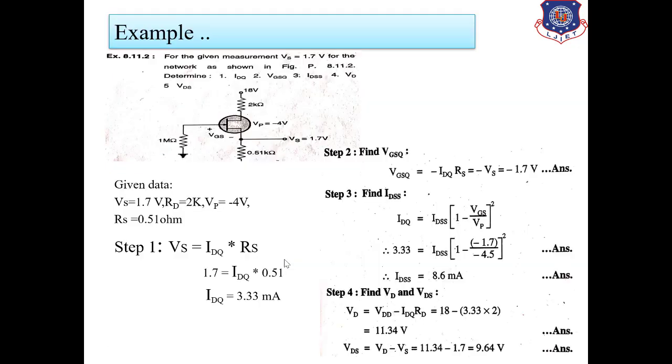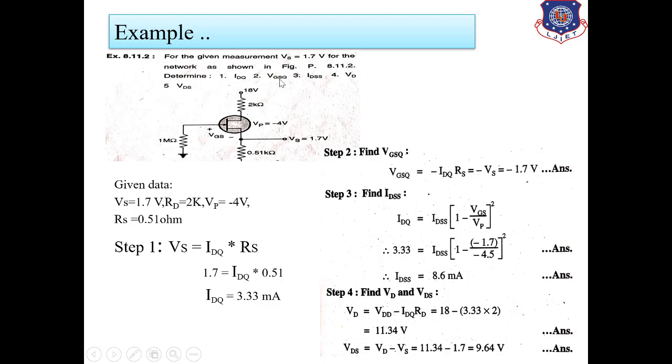This is one example for an N-channel JFET. For the given measurement Vs equal to 1.7 for the network as shown in the figure, determine a few parameters. Which parameters are asked?